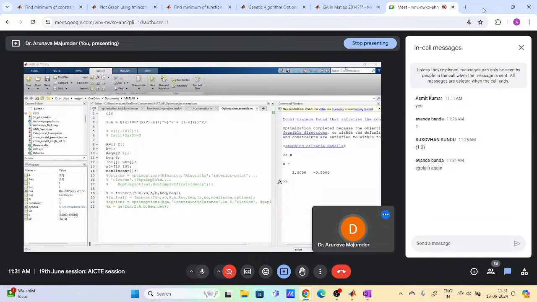Okay, I will explain again. Look at this. What is the value of x1? It is 2.0. What is the value of x2? Minus 0.5.